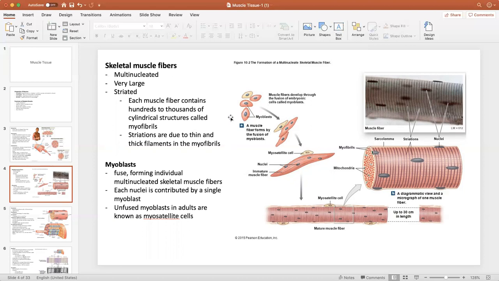The way that is formed is we have the myoblasts. These are kind of like the stem cells, basically, where we have myoblasts that fuse together and contribute their nuclei.